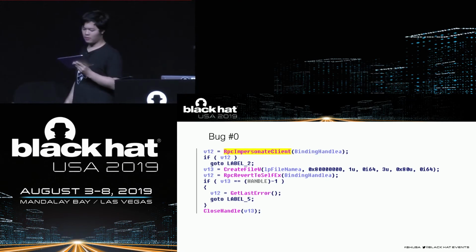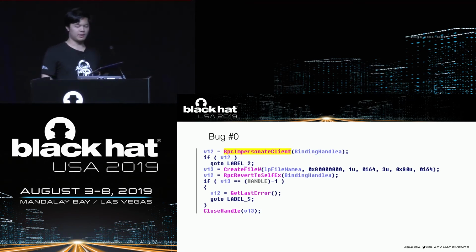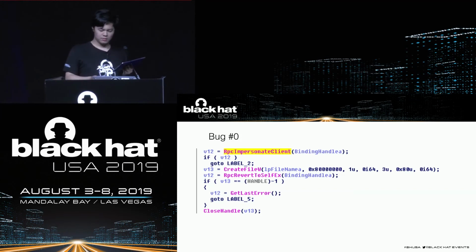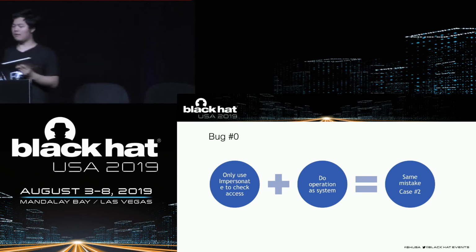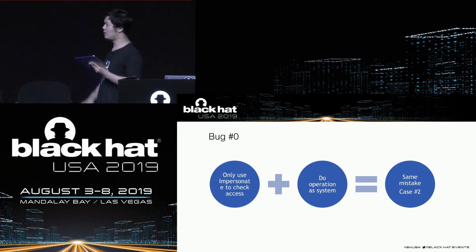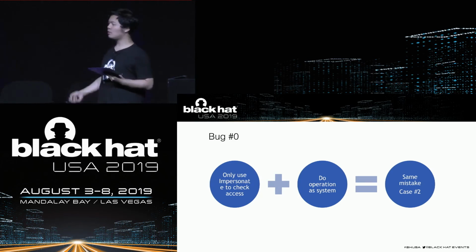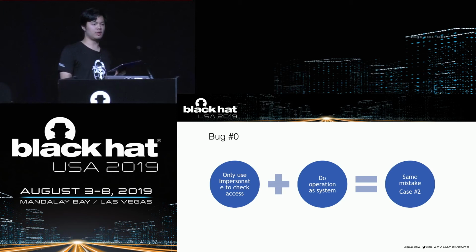If so, it will revert to a system token and then read the metadata. So it only uses impersonation to check access. After that, it uses a system token to do the file operations. So the developers made the same mistake as we mentioned in example 2.